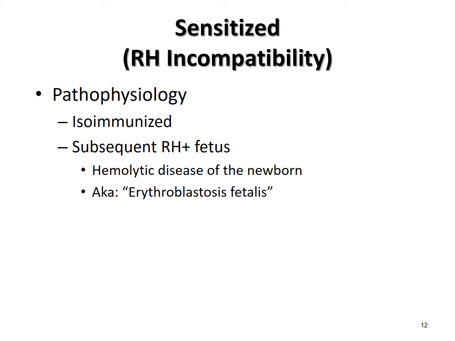If a mix of incompatible fetal maternal blood occurs, mother is said to be isoimmunized or sensitized, which means the mother's system has produced antibodies against an Rh positive fetus. Exposure to a future fetus with Rh positive blood as a foreign object would lead to what's called hemolytic disease of the newborn, also known as erythroblastosis fetalis.